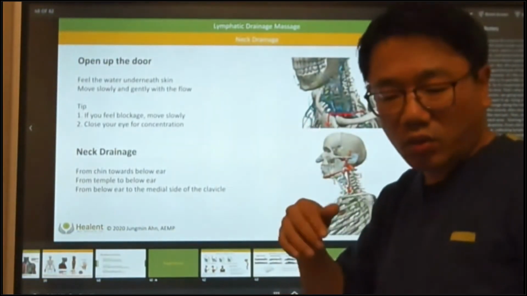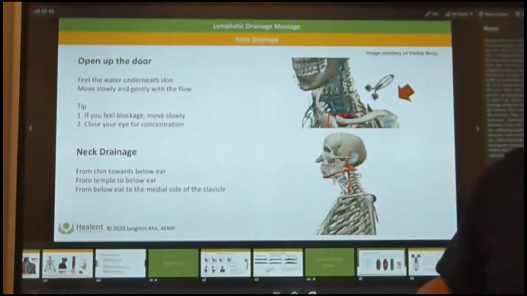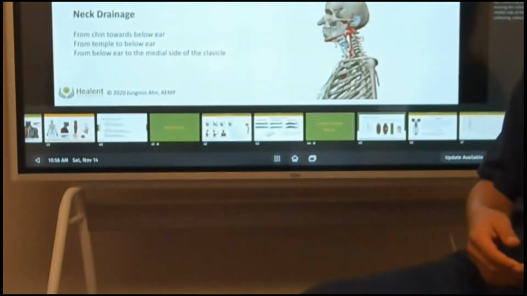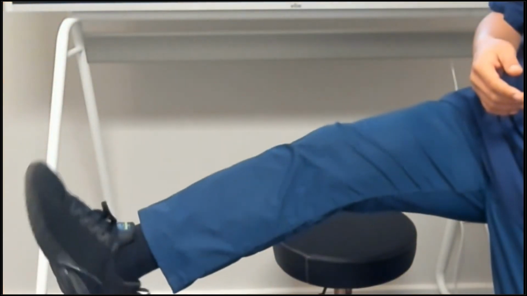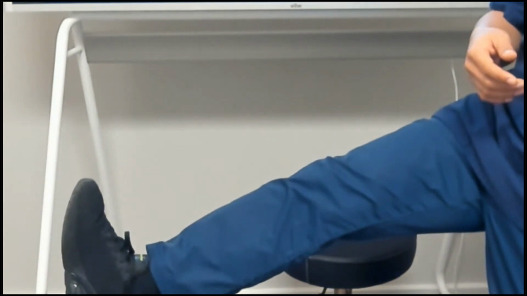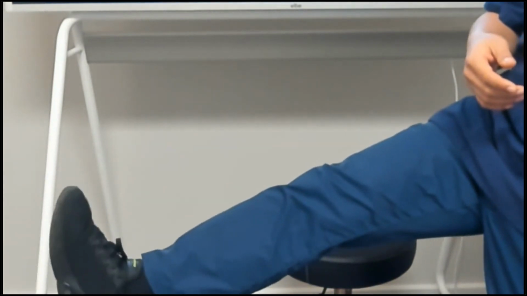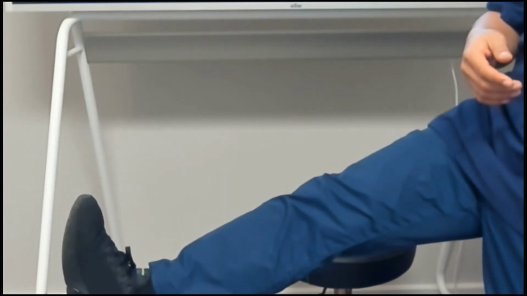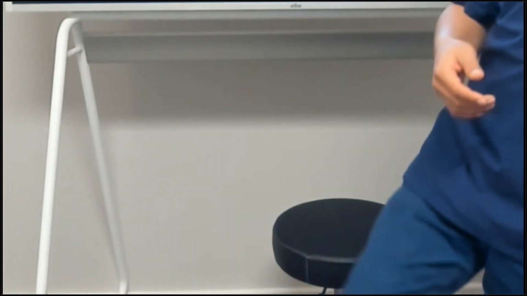And when you have swelling on the foot, you can go down a little bit. You can go like this way, and that makes some lymphatic drainage. Go here, things like this.